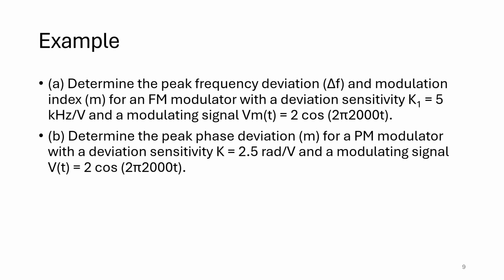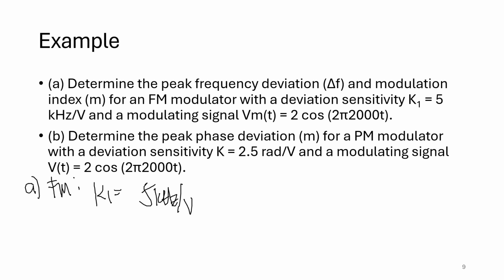So we just have to get the given. What are the givens in the problem? We are given the deviation sensitivity K1, since we are talking about FM. So this is 5 kilohertz per volt, and then what do we need?